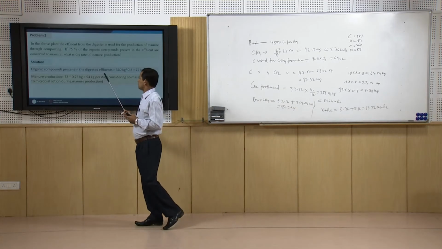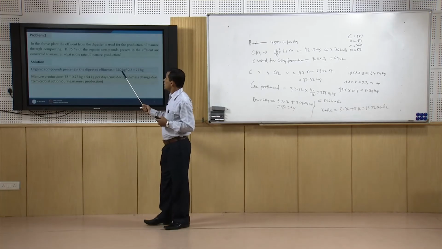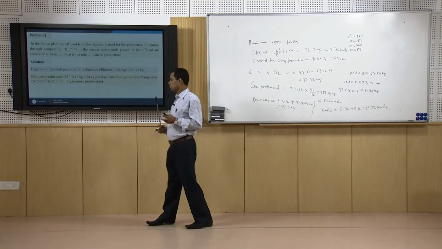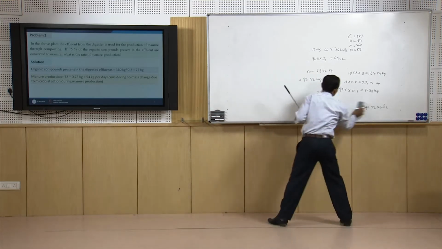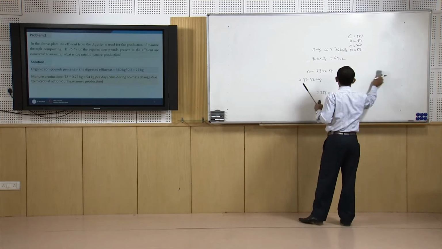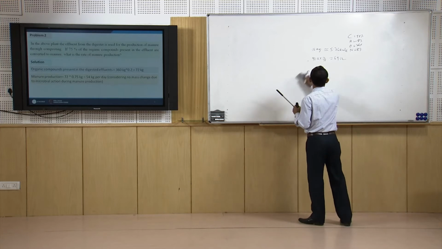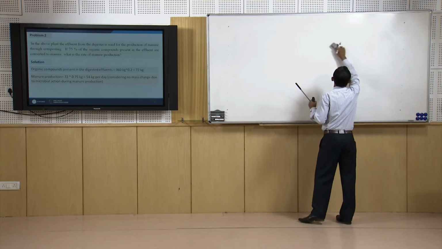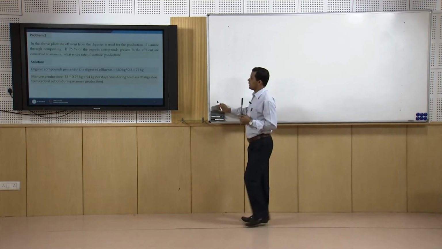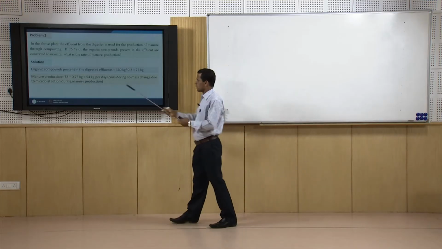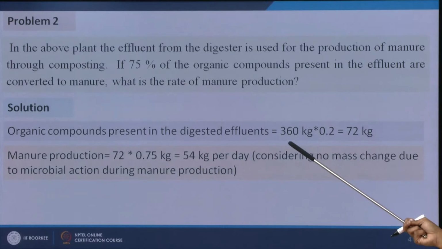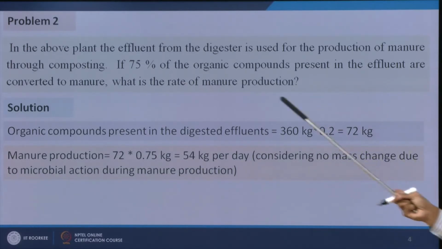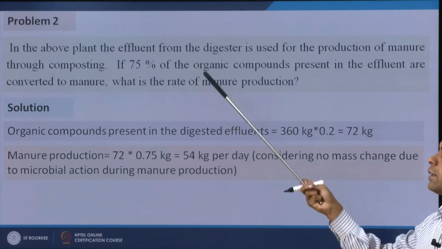So, we had 360 kg of solids. Out of this 360 kg, 20% will be available in the slurry after biogas production. So, the organic compounds present in the digested effluent is 360 into 0.2, that is equal to 72 kg, and 75% of it is converted to manure.